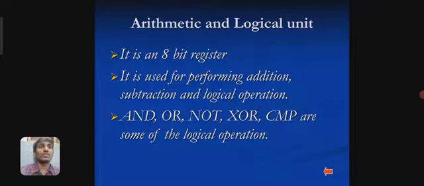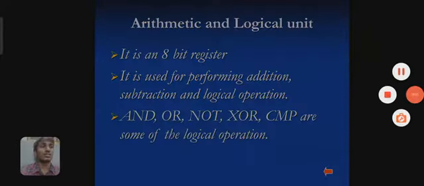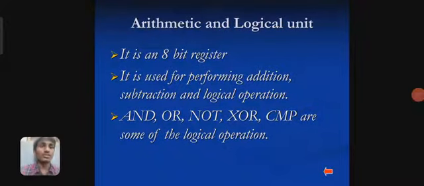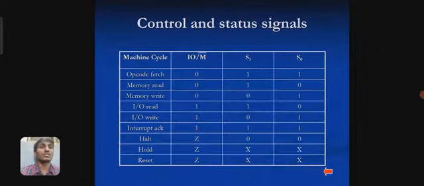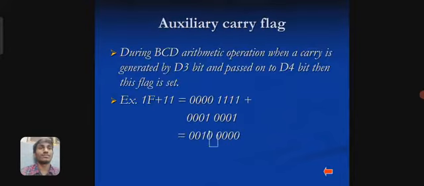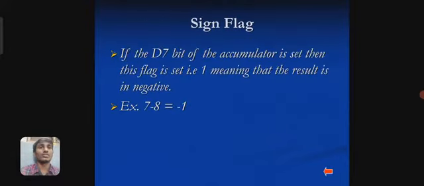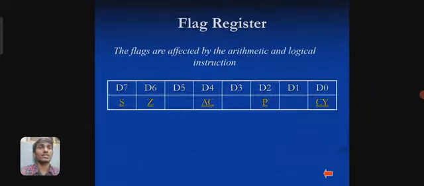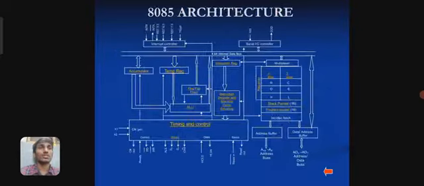So the arithmetic logical unit can perform 8-bit operations, like AND, OR, NOT, XOR, compare, and some other logical operations. When we look into the 8085 architecture, the serial input and output controllers serve peripheral external devices, like hard disk and other controllers.